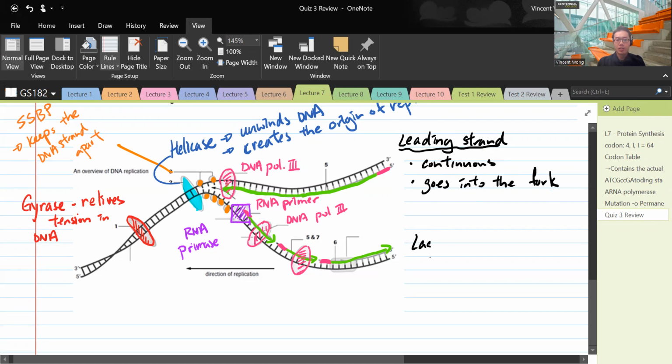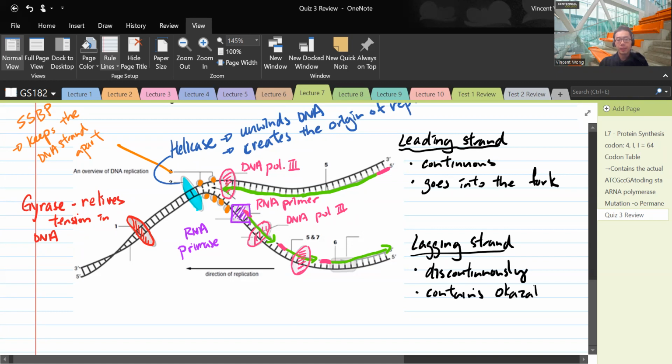Whereas the lagging strand, right, is synthesized discontinuously, and it contains these little fragments, right? You probably remember the name, the Okazaki fragments.